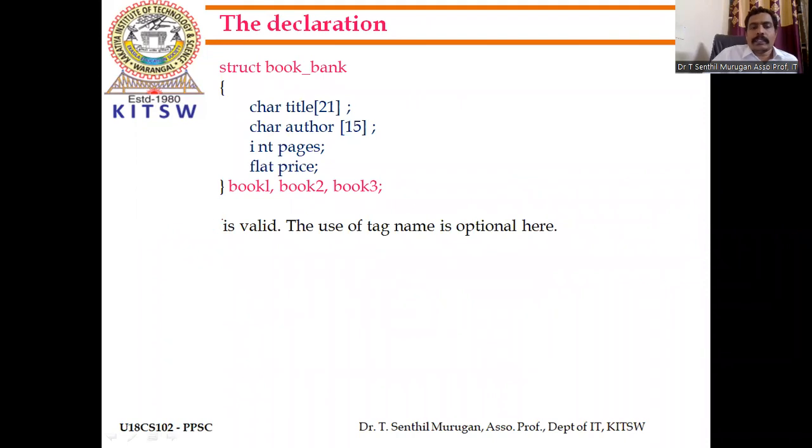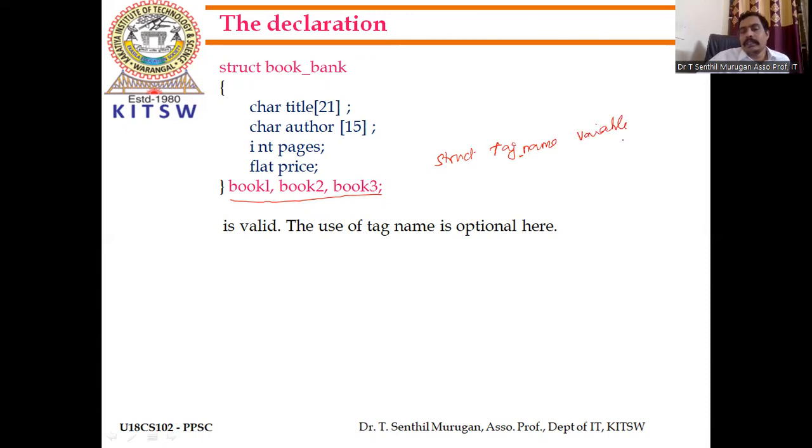So another method of declaration. Individually we can also write it as in the previous method, or before the semicolon you can declare the variables. This is another method. In the previous method, we use the struct keyword and the tag name you used for your structure, and then the variables are written separately.